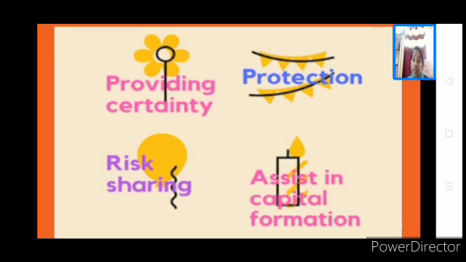So when these insurance companies invest in the business, people will be getting capital in order to start and to run their business. In that way, insurance companies assist in capital formation of a company. Capital formation in the sense of getting required capital. Okay, so these are the major functions carried on by the insurance company.